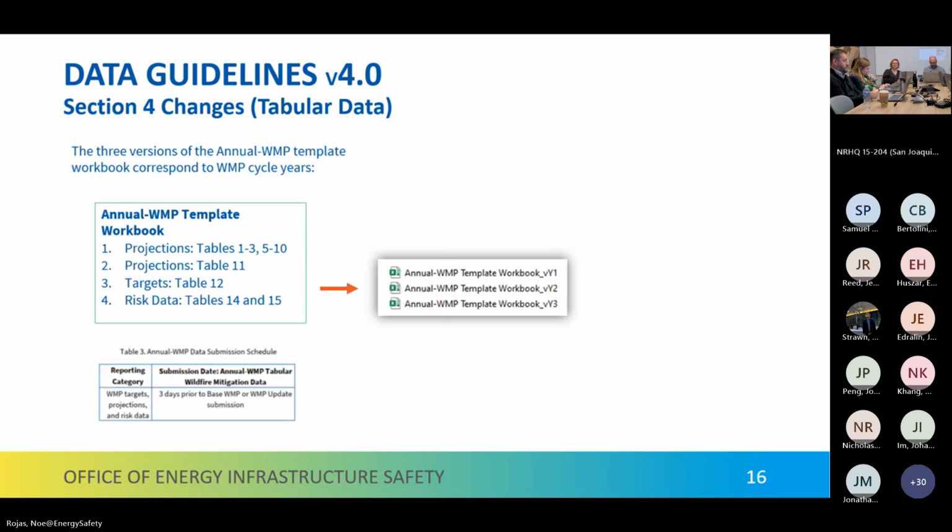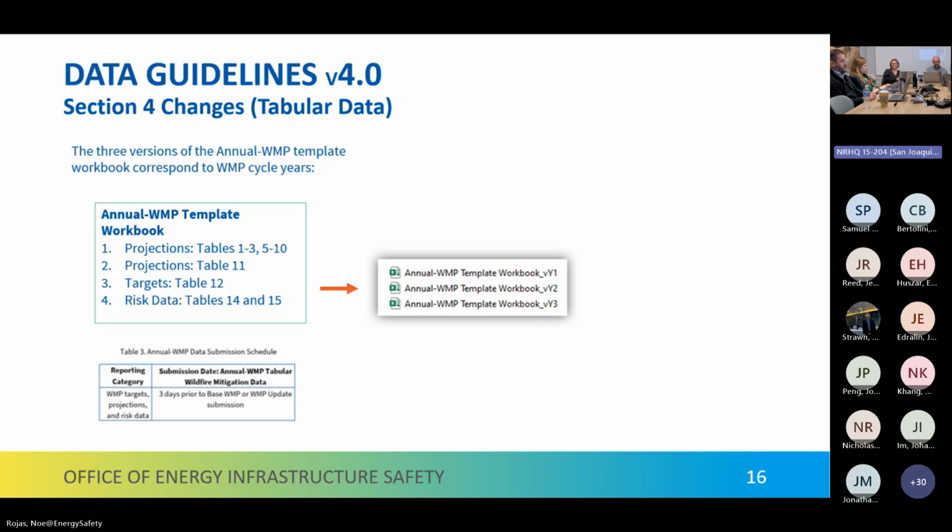Go ahead, Noe. And there's a special element to the annual WMP template workbook in that it has 3 versions. There is a version of the template workbook for each WMP cycle year 1, year 2, and year 3. And that is simply to eliminate the years that have already passed.